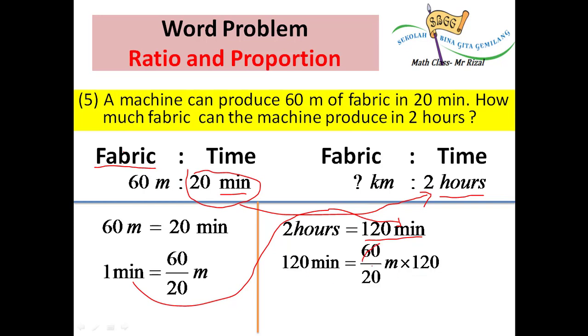Cross out, both of them are divisible by 20. You got here 3 and 1. 120 times 3 is 360. 360 divided by 1 is 360. It means that in 120 minutes, they can produce 360 meters. This is not M, it must be meters. Okay, sorry.